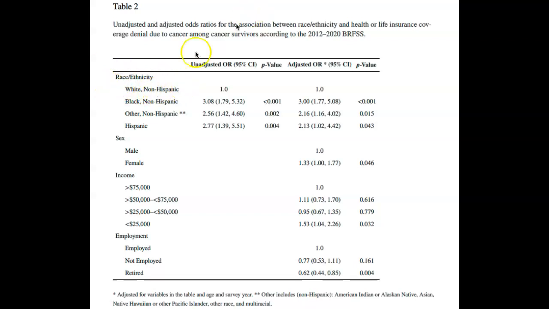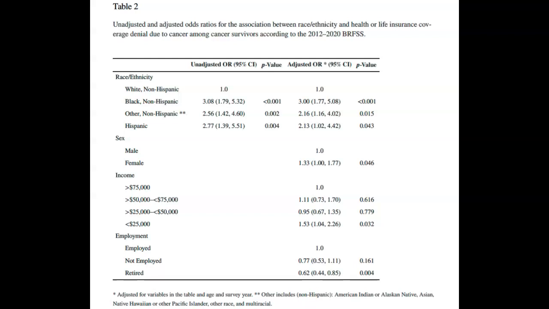So in this first column here, we're showing the unadjusted odds ratios for our unadjusted logistic regression analysis that we ran. And then in this column here, we are controlling for several variables. So we're throwing those potential confounders into our logistic regression model in our statistical software.